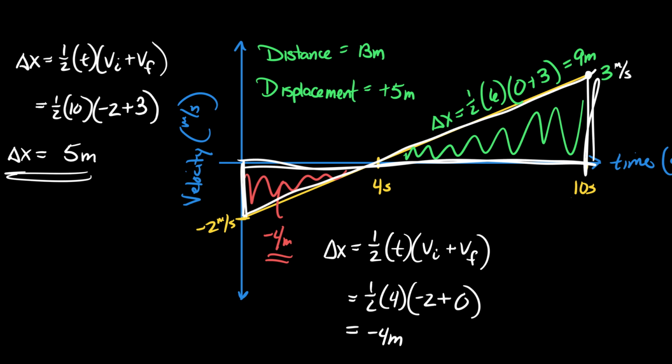So where should my initial location be? How far in front of the detector should I start? How far does it have to move backwards? -4, I believe. Right, isn't this area -4? So I need to start the object at the 4 meter mark so it can move backwards 4 meters.